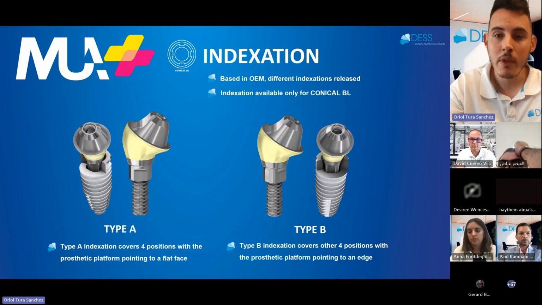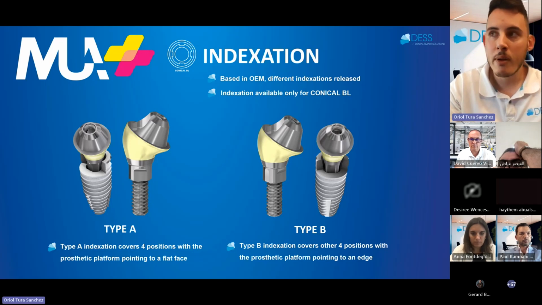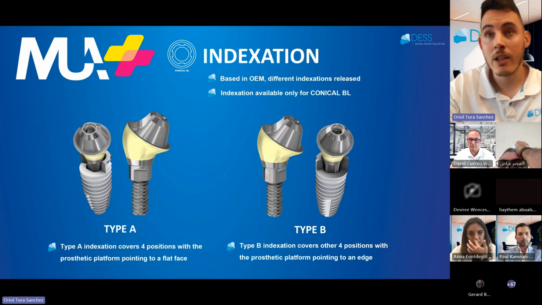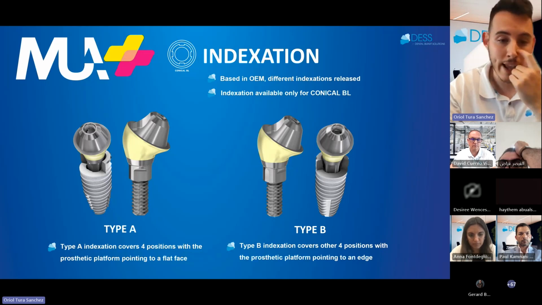So based on the OEM, we will release the Bone Level multi-unit with two different indexations, type A and type B. Each one is pointing to a different part of the connection, so both combined offer our customers 8 different positions to select and to place the multi-unit that is best for any case.